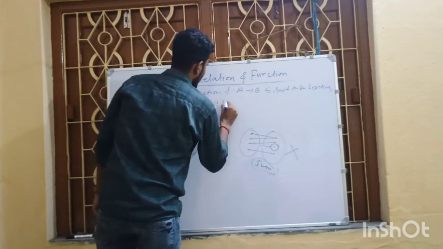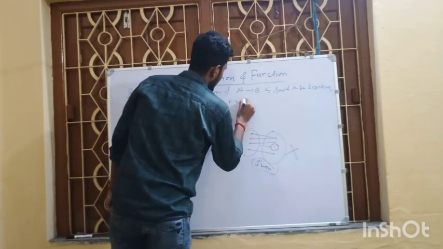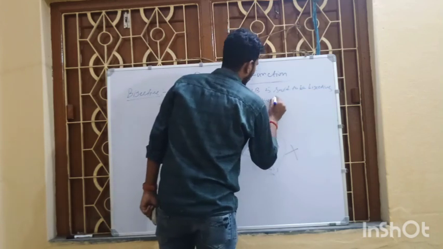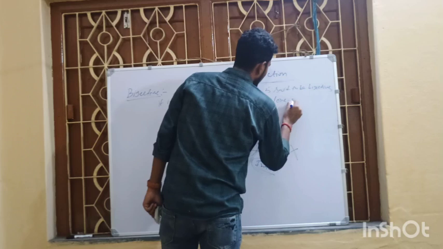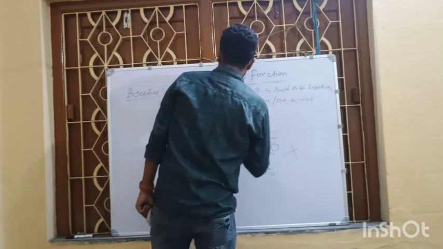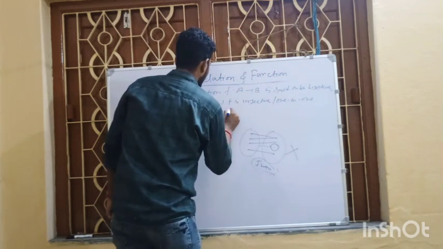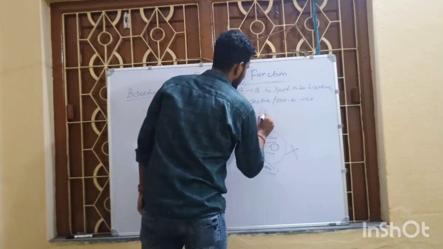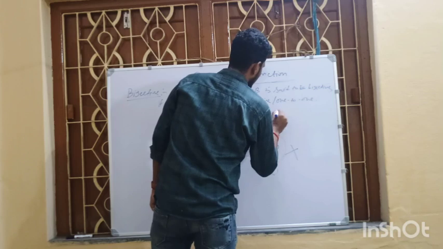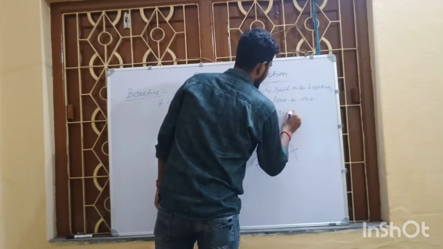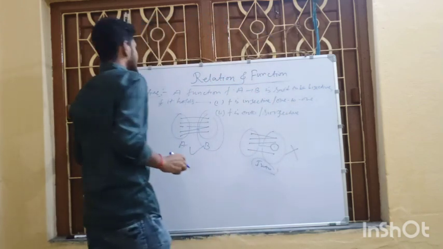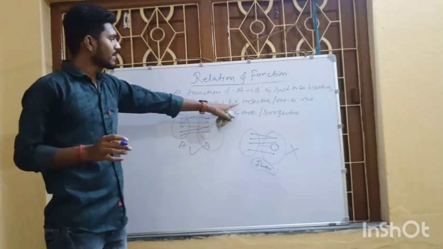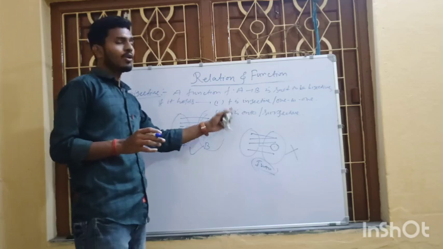First, f is injective, or one to one, and the next condition is that f is onto, or surjective. So a function is said to be bijective if it is injective, or one to one, and also onto, or surjective.